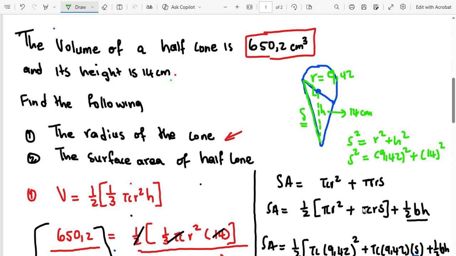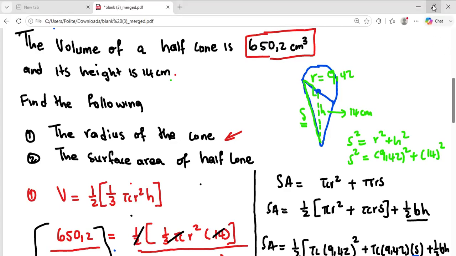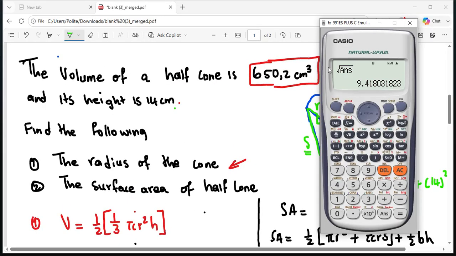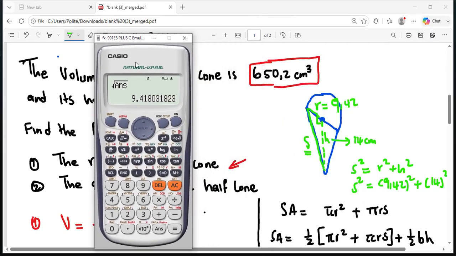You punch that on the calculator and see what you get. So let me quickly put this on the calculator. This is 9.42 squared, adding 14 squared.